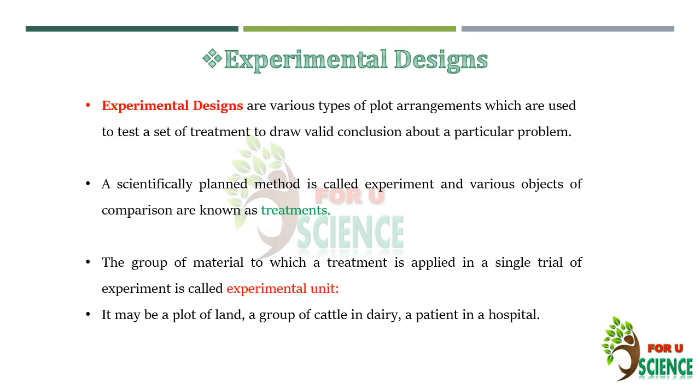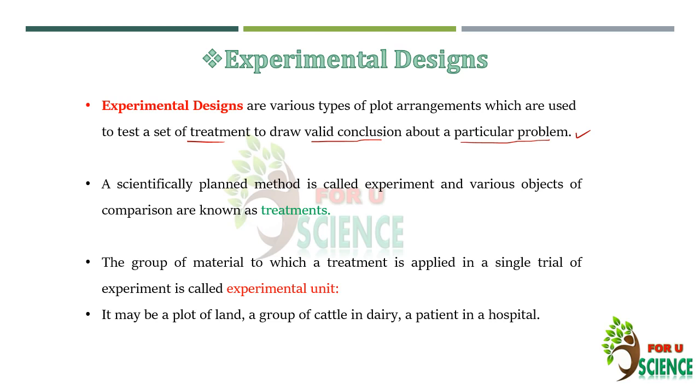We allocate them. So the same is the case in experimental designs, where we allocate different treatments to study or to draw a valid conclusion of a particular problem. Okay, or basically to study the effect of a particular problem or treatment.